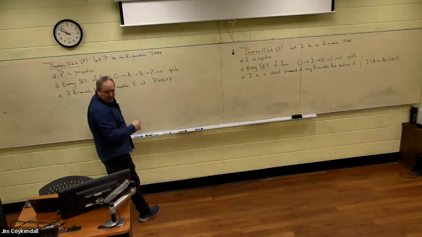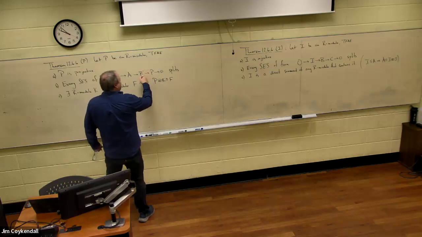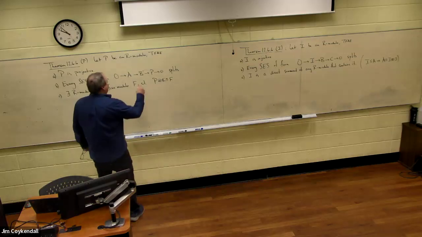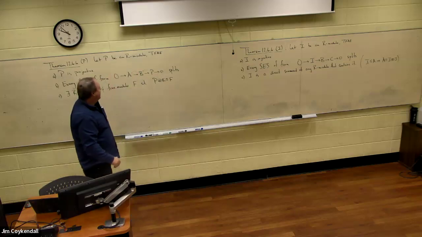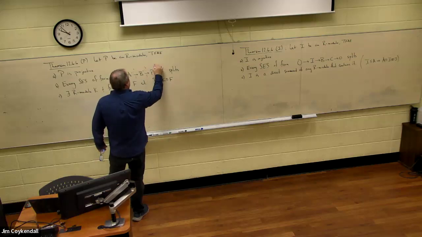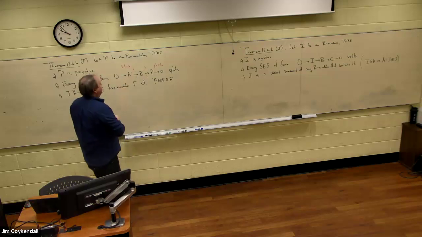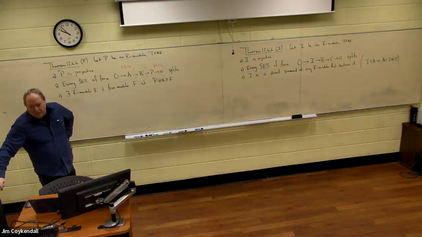If this sequence actually splits, it means that there is a homomorphism that goes backwards, such that this composition is the identity on P. And equivalently, there's a homomorphism that goes backwards here, such that this composition is the identity on A. So with F, G, K, H, when I do H, G, it's the identity on P, and when I do F, K, it's the identity on A. Sometimes those backward arrows are called the splitting.